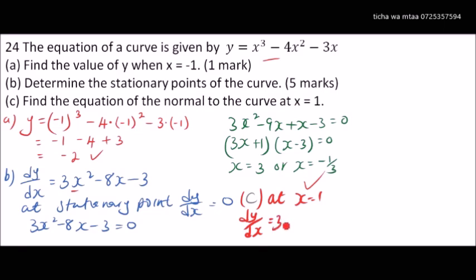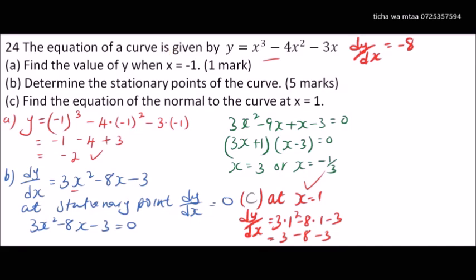So we have 3 multiplied by 1 squared, minus 8 multiplied by 1, minus 3, and this will give you 3 minus 8 minus 3. So 3 minus 3 is 0, so it means dy over dx is equal to minus 8. This is the gradient of the tangent.